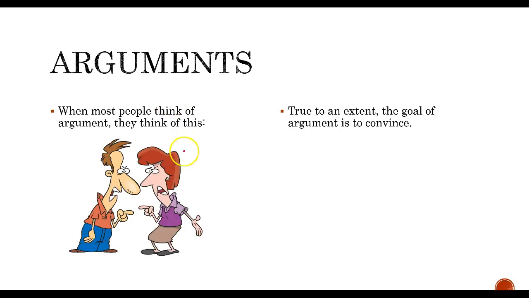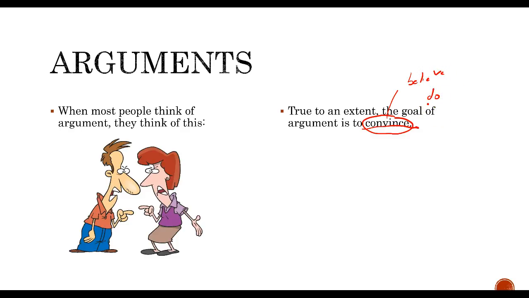And this kind of thing is true, right? The point of argument is to basically try to convince people to believe you. And that's what these two people are doing. She's trying to convince him to do something. He's trying to convince her to do something. All arguments do try to convince people to believe something, or to do something.